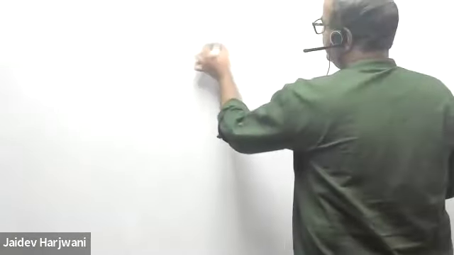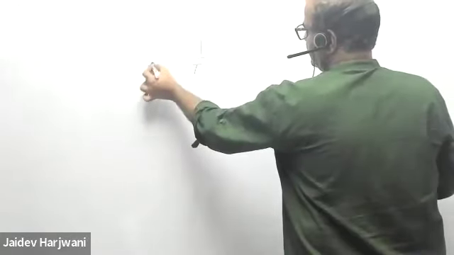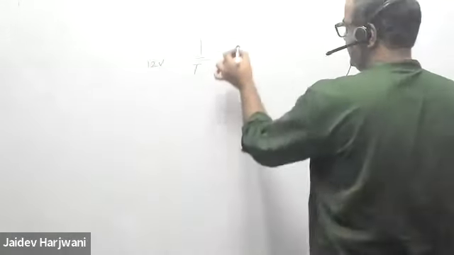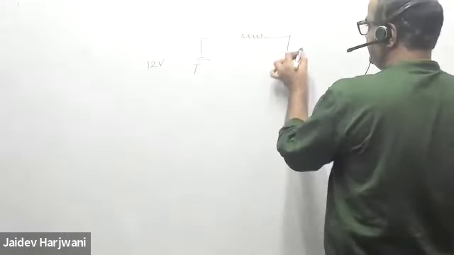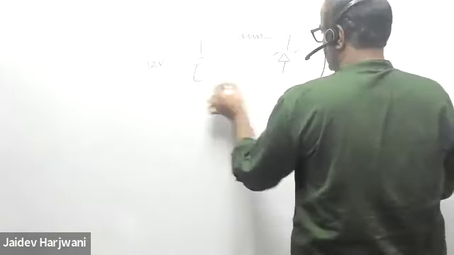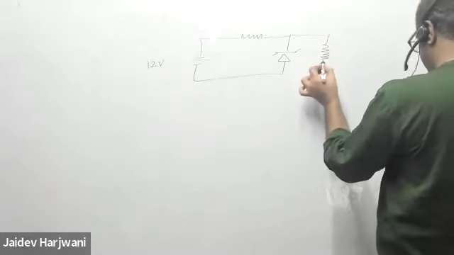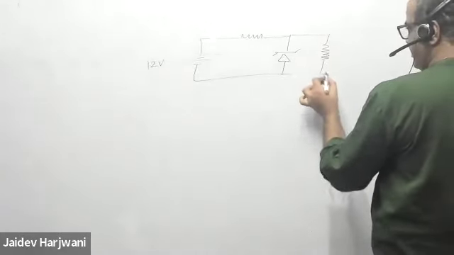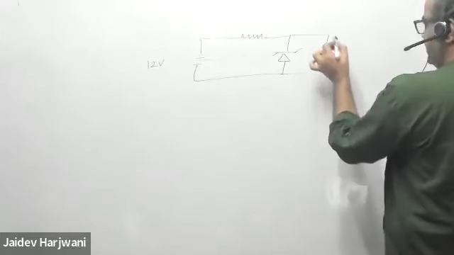So here you have been given a 12-volt battery, a resistance R, a Zener diode, and then you have a variable resistance RL.